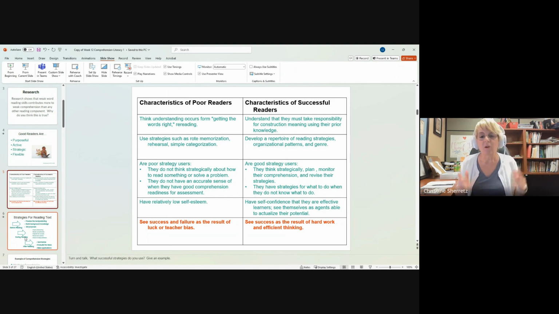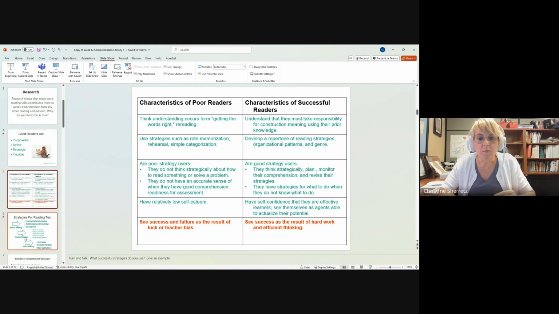Poor readers, their only strategies are memorization, just rehearsal. Good readers have a large pocket full of strategies that they can use and organizational patterns. Poor readers do not think strategically. They don't have an accurate sense of when they have good comprehension and when they don't. Good readers do think strategically and they know when they don't know something.